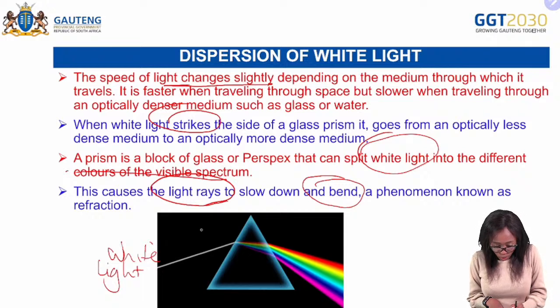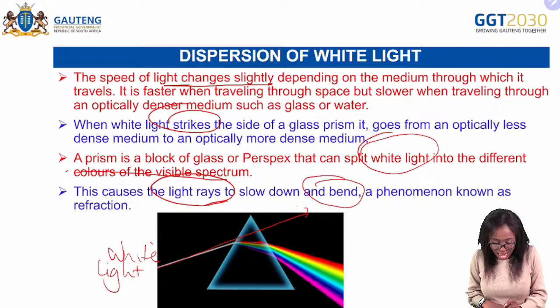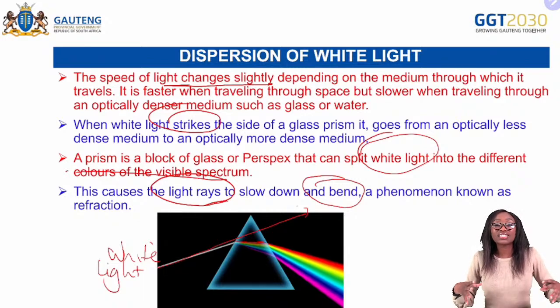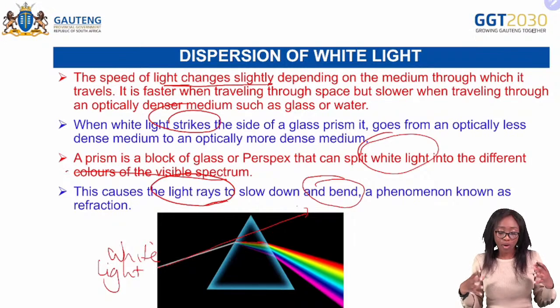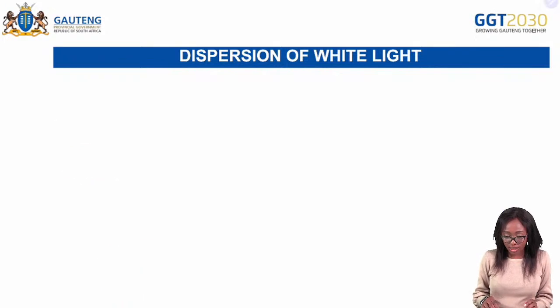So now it's going to bend the light. We said light moves in a straight line, so we expect it to move in that direction in a straight line. But when it hits the side of the prism, it bends. You see it bend there. And then what else happens? It slows down. And what else happens? It splits into the combination of colors that make up white light, which are the 7 colors. You can see them here.